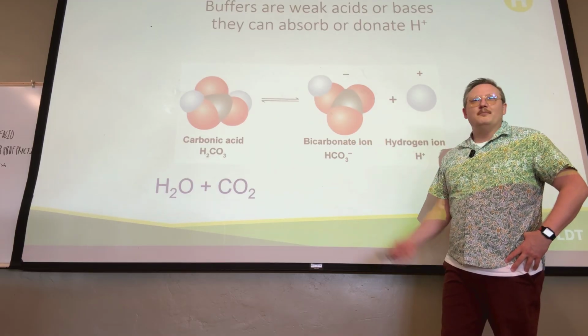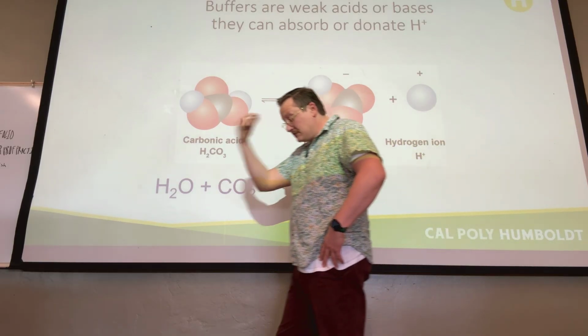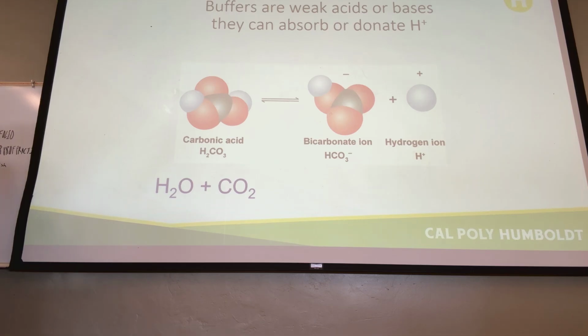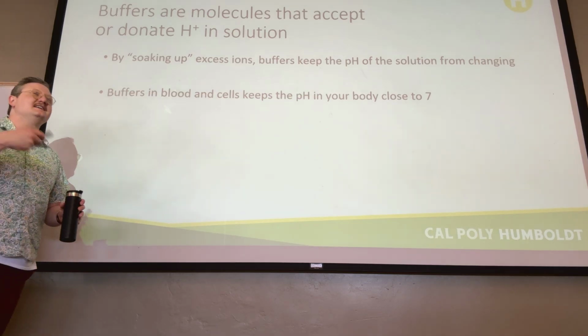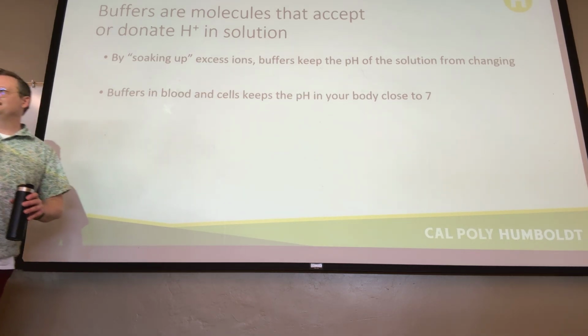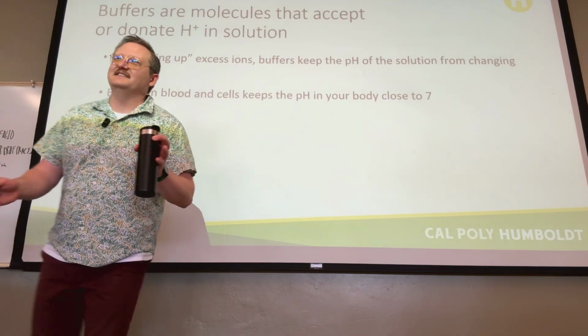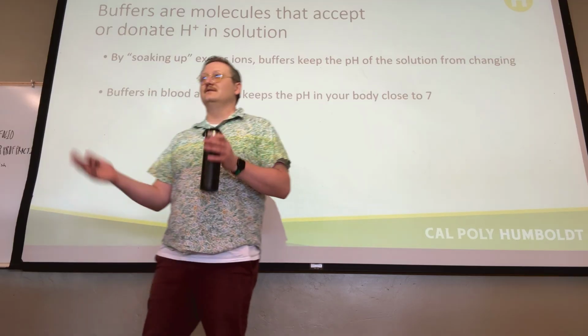Moving forward, buffers, all right? Buffers can absorb hydrogen ions, they can release them, so they maintain pHs within certain ranges. So your blood has buffers in it, okay, that keep the pH in the blood close to neutral. And if you're doing experiments in the lab, you need to make solutions that have a certain pH to foster the growth of certain organisms.